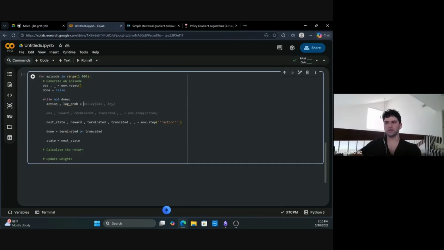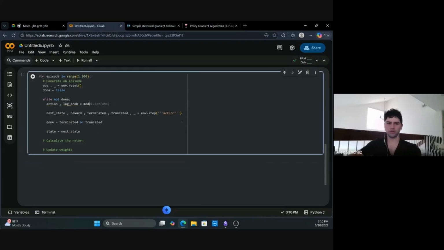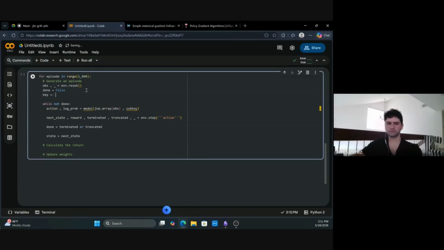There we just pass to our model, which we're going to declare later, our state, or well, in this instance, our observation. And then we're going to be using a subkey. Something really important, we'll talk about this now. In JAX, we generate our key, right? Random.rng key.